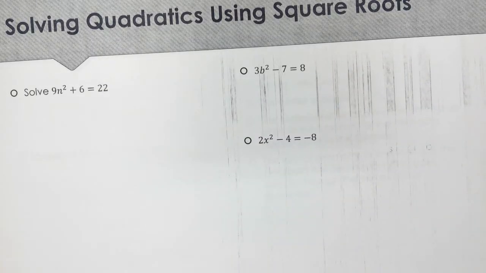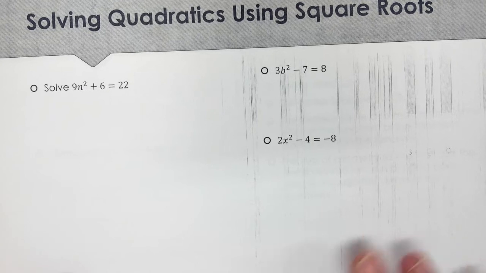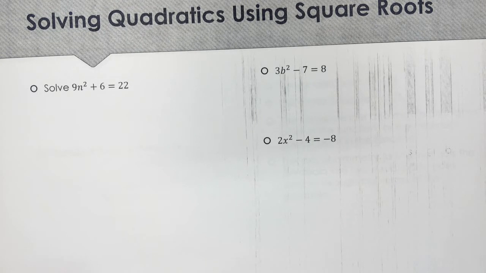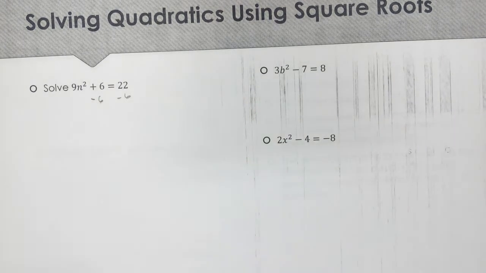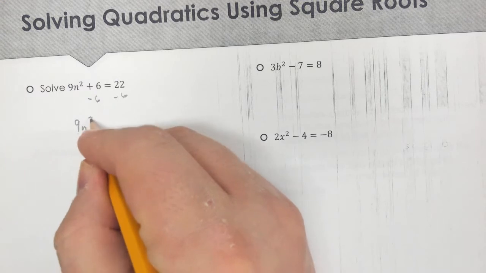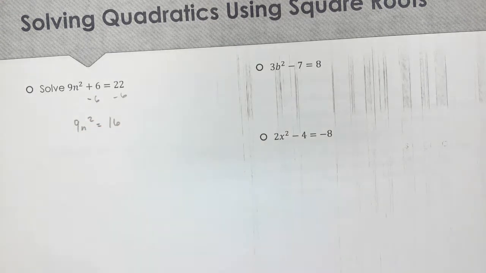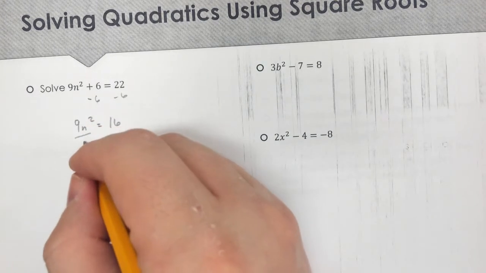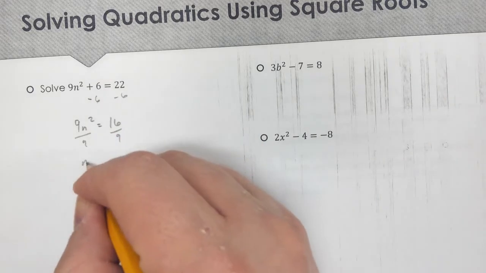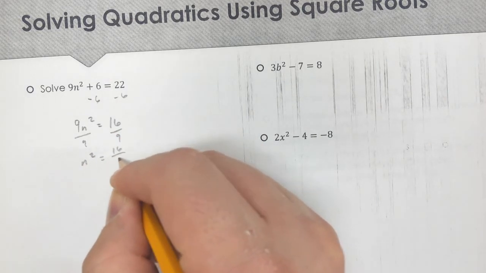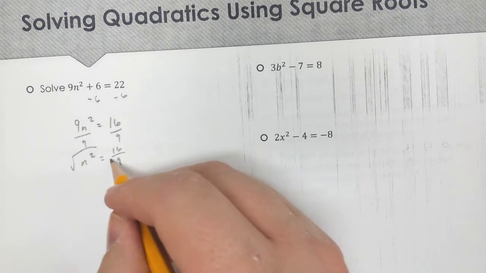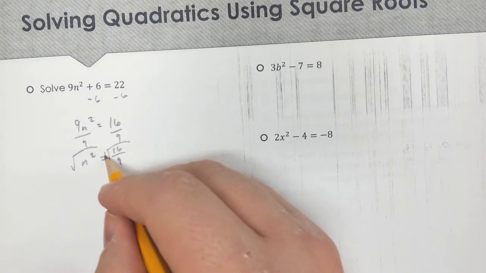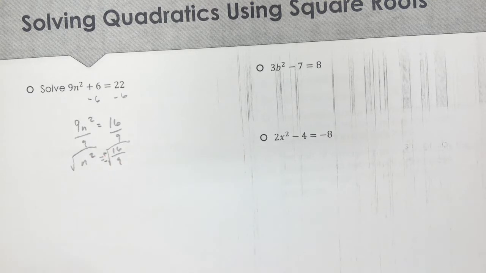Moving on. Solving quadratics using square roots. This one's not too bad. Okay? So I'm going to subtract 6 from both sides. I get 9n squared equals 16. Divide both sides by 9. I get n squared equals 16 over 9. Now I take the square root of both sides. Remember, when I take the square root, I got to do plus or minus the square root.